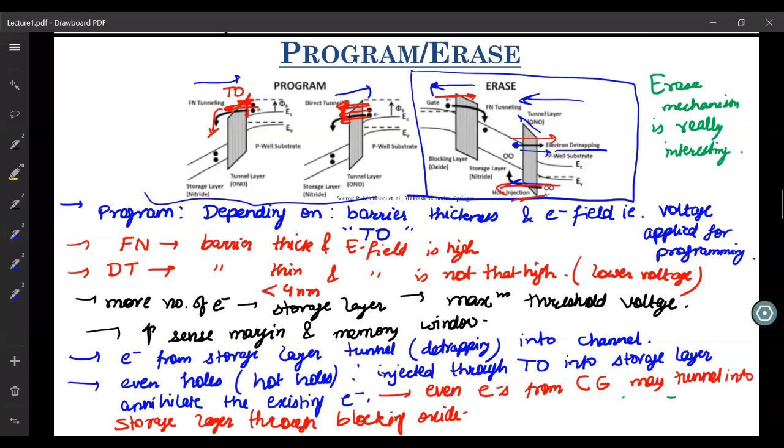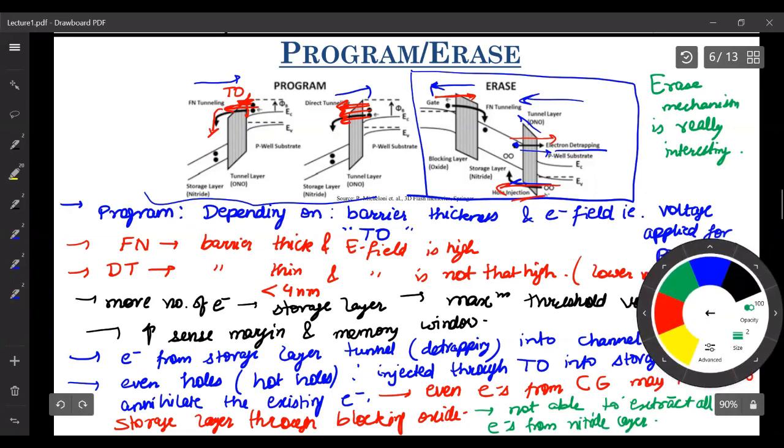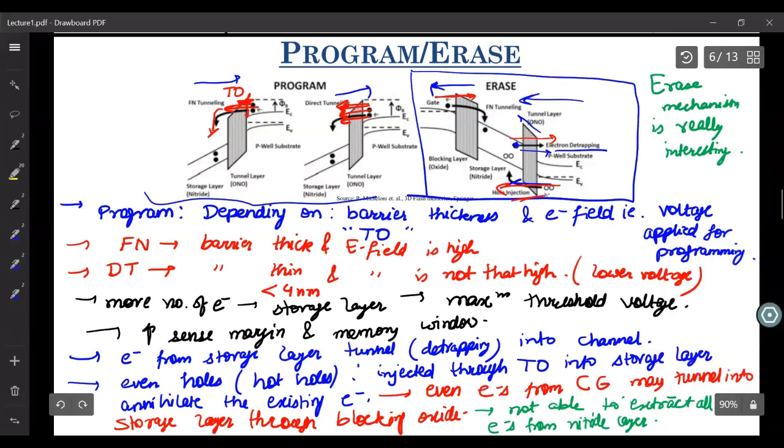Because of this, we are not able to extract all the electrons from the nitride layer. If you are not able to extract all the electrons from the nitride layer, it's not going to get back to its original or virgin position. So this leads to what is known as erase saturation.